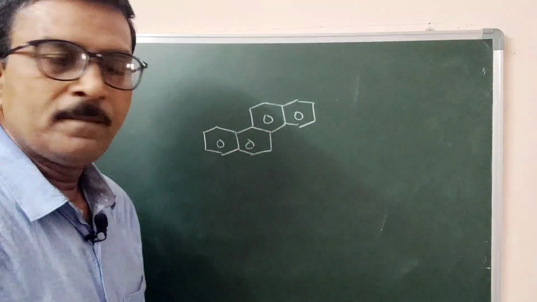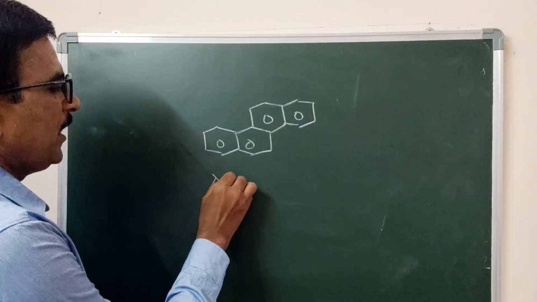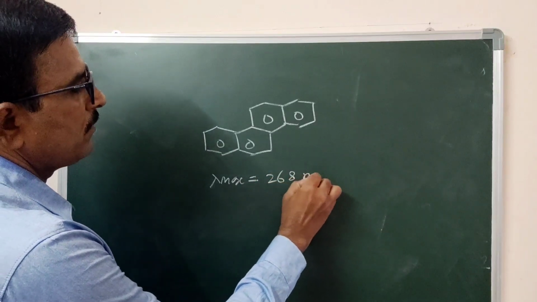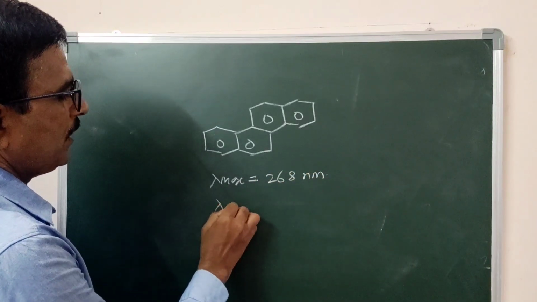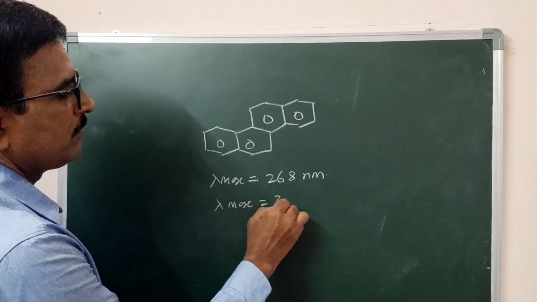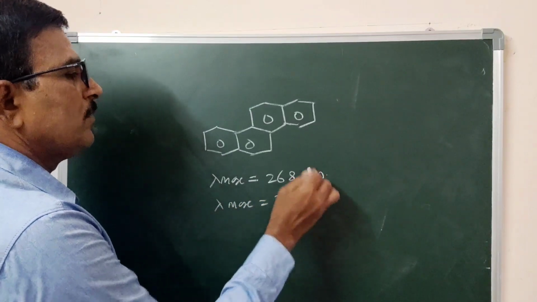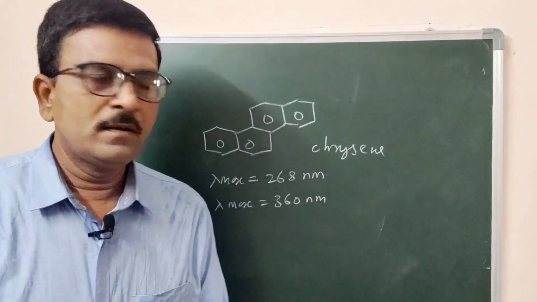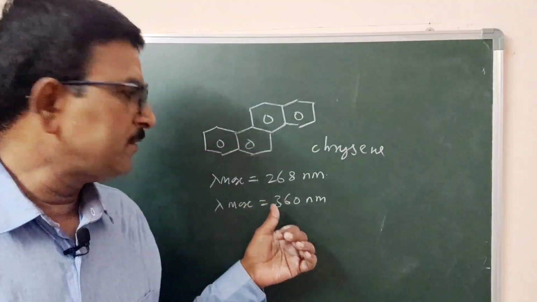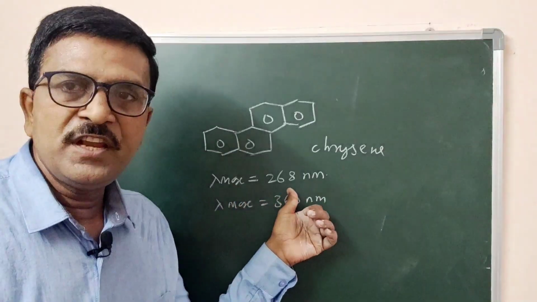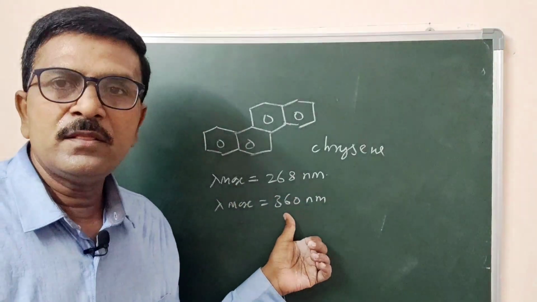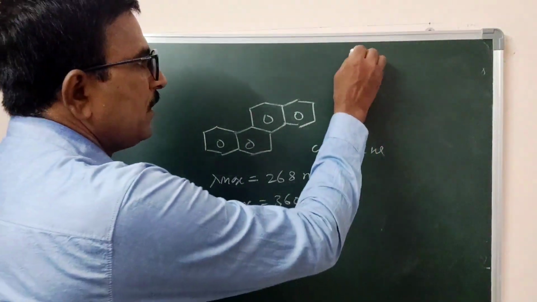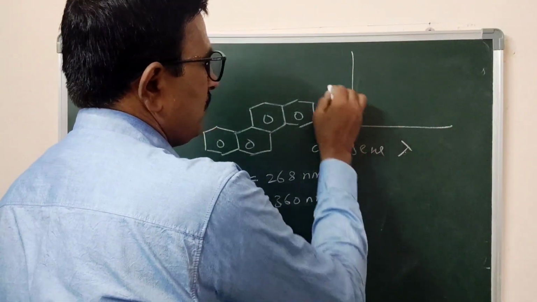This is chrysene, where it has 2 absorption bands, primary at 268 nanometers and secondary at 360 nanometers. When we record its spectrum, it looks like this.